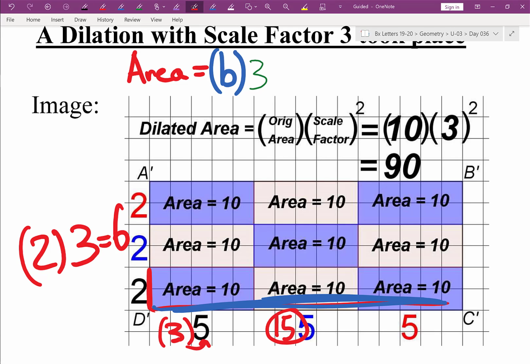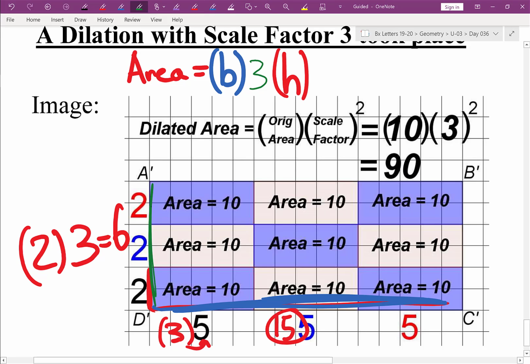Your height is also getting multiplied by the scale factor. So your scale factor doesn't show up just once, it shows up twice. And anything times itself is that thing squared.